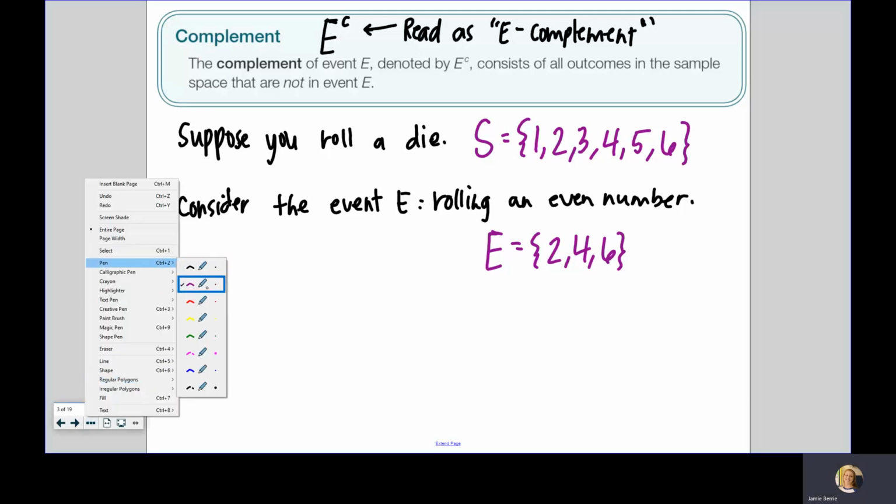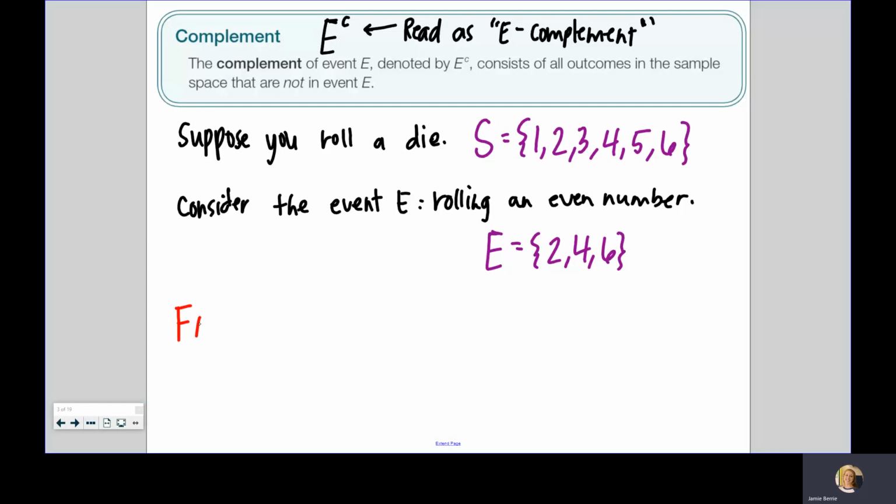Now the complement of E, so we're going to find E complement, or the complement of E. E complement is super easy to find. This is also a set. It consists of all the outcomes in the sample space that are not in the event E. So you take all the outcomes that are in the event E, cross those out of your sample space, and the things that are left over are in the complement.